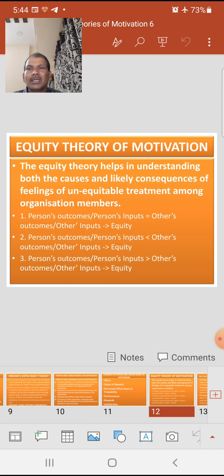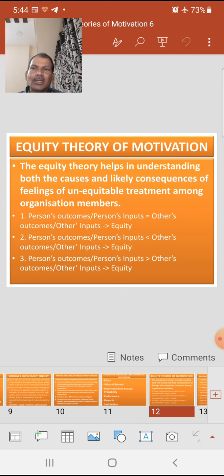In case there is inequality in the ratios of outcomes and inputs, people can experience two types of inequity, positive and negative. In negative inequity, people feel that they are underpaid for what they give the organization, and in positive inequity, they feel that they are paid more than their work is worth.